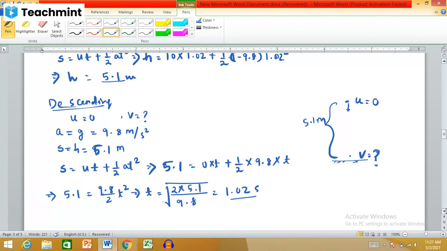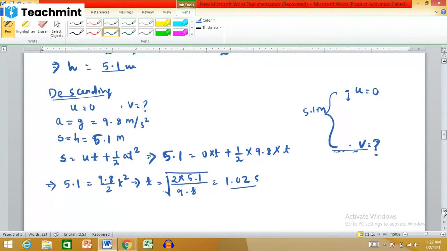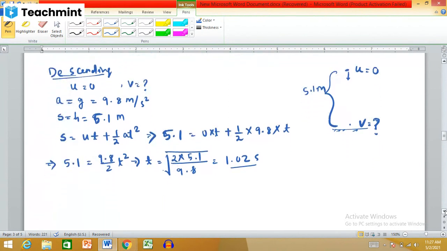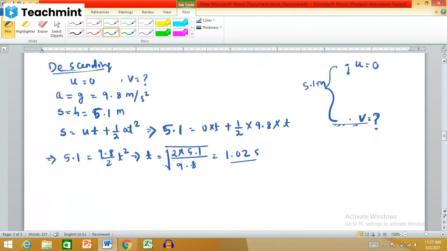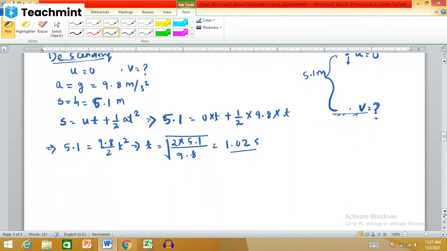Then after descending, what is the velocity with which it will strike the ground? So we will calculate the last part. We can use the first formula, that is v is equal to u plus at. You know u is equal to 0 for the case of descending.